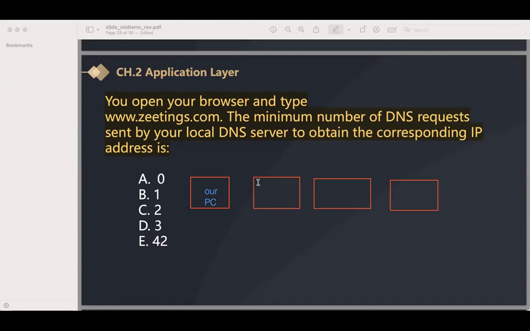So this one is your local DNS and DNS2. This one is the authoritative DNS.